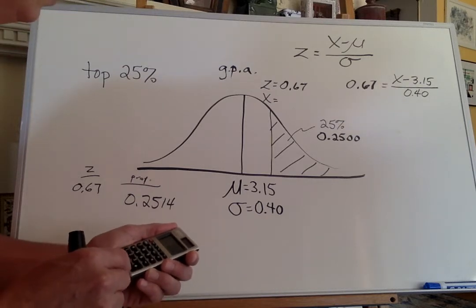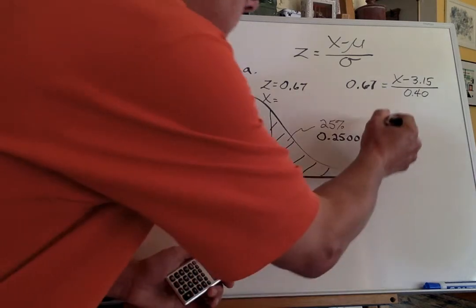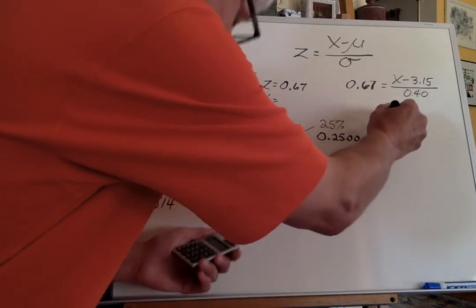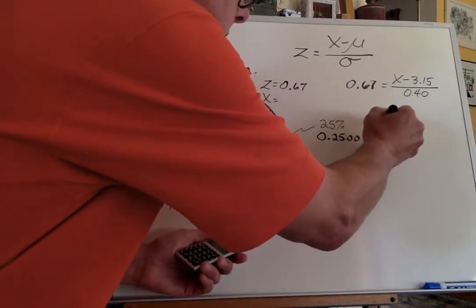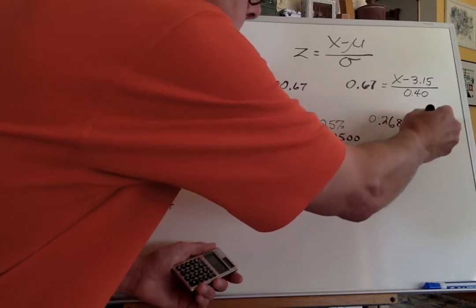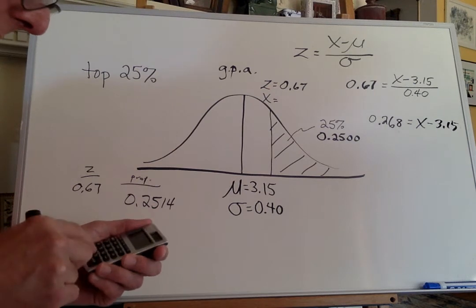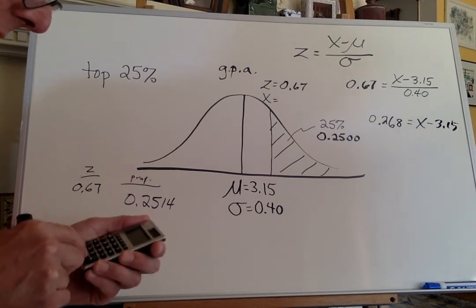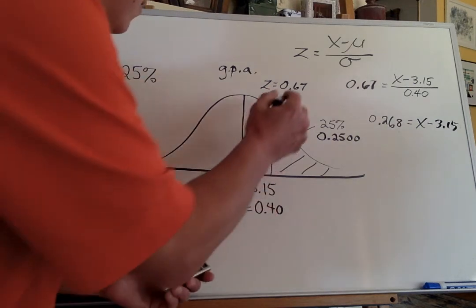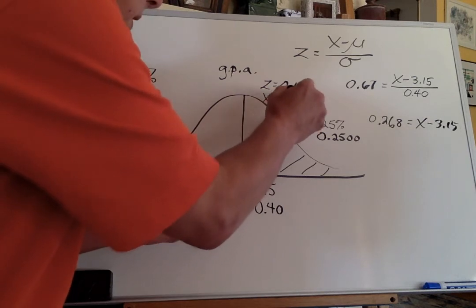Okay. So that is 0.268 is equal to x minus 3.15. So I'm going to add 3.15 to each side. So my answer is 3.42.